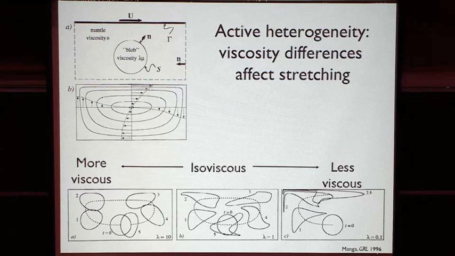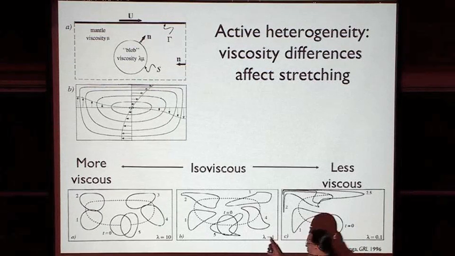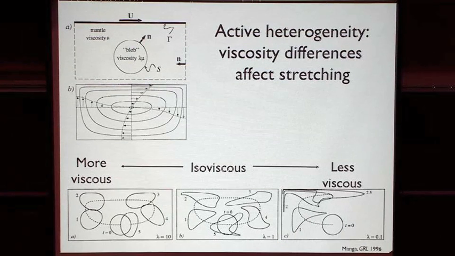Lambda is, again, the viscosity ratio. The middle case, lambda equals 1, corresponds to what we called a passive tracer. Notice on the left, as you might expect, the more viscous blob doesn't deform too much as it circulates through this box. For the case on the right, where it's less viscous than the surroundings, notice it gets highly deformed, right? We get this long tail.